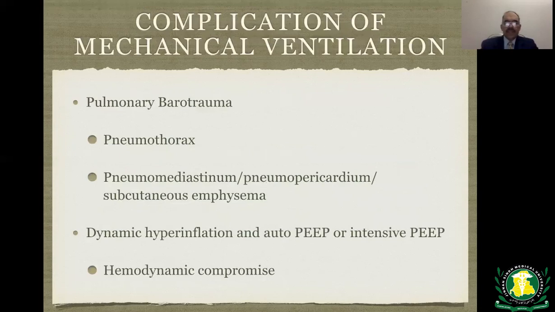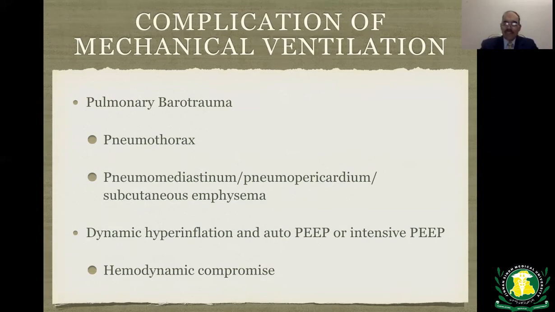Complications of mechanical ventilation: pulmonary barotrauma, pneumothorax, pneumomediastinum, pneumopericardium, dynamic hyperinflation, and auto-PEEP. Mostly it is a problem in case of assist control, if the patient breathes faster and doesn't have time to exhale the air.